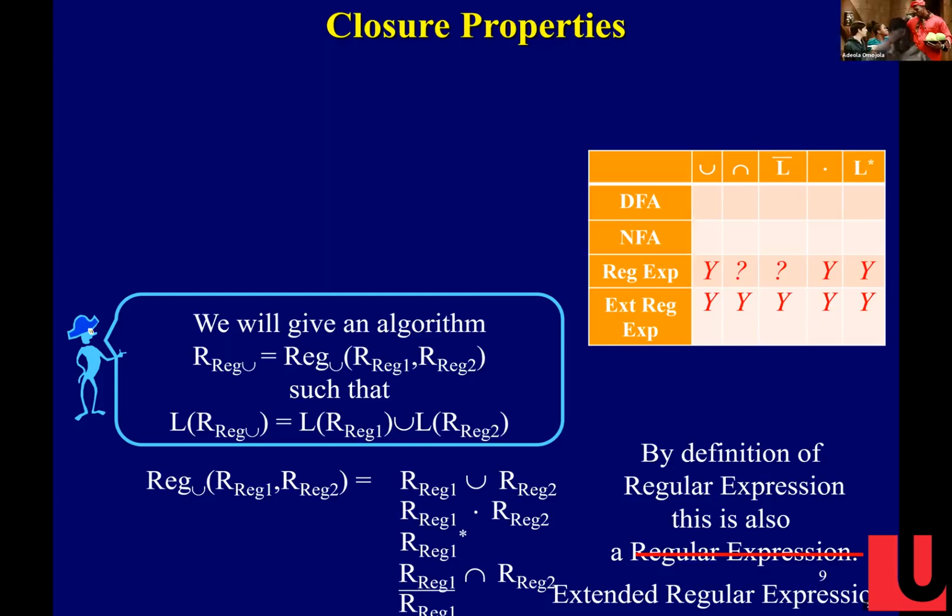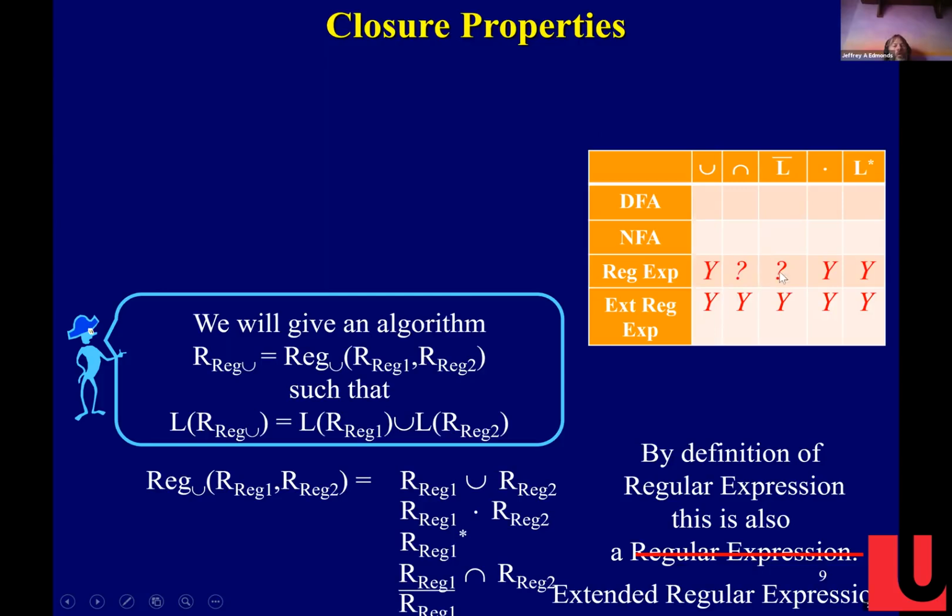Is it because for the regular expressions we can't write it with the intersection and complement? Exactly. By the definition of regular expression, we know if we have a regular expression for one language and another, we can do the union of them. That's the definition of regular expression. But they don't have intersection and complement.